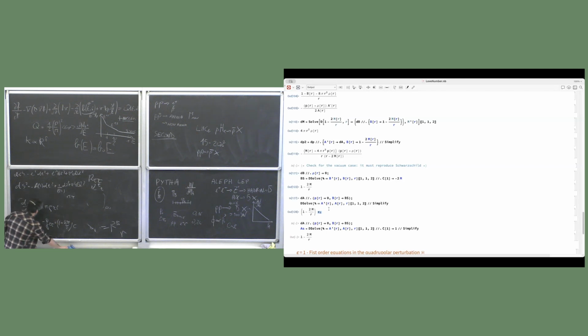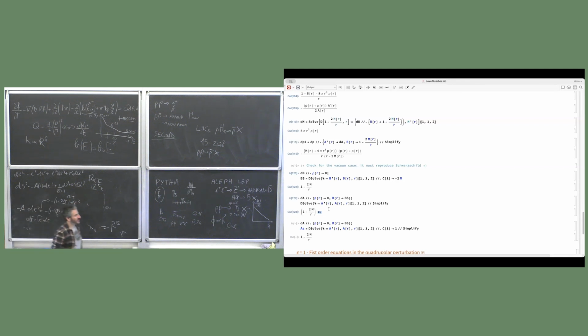So basically, what I'm saying is that my minus A dt squared in that case would be minus 1 minus 2m over r times C dt squared. And I'm just defining a dt bar, which is square root of C dt, such that this would become minus 1 minus 2m over r dt bar squared.